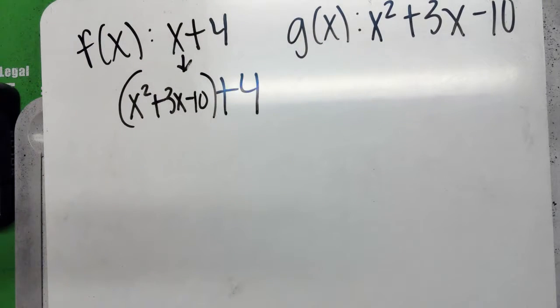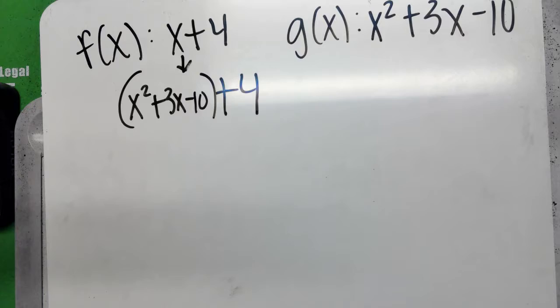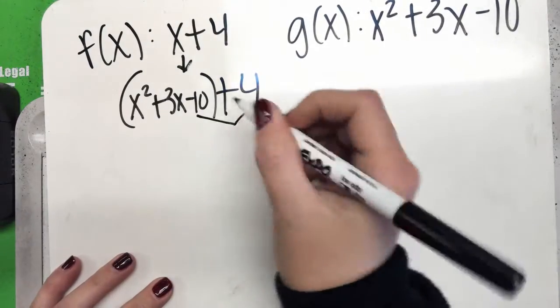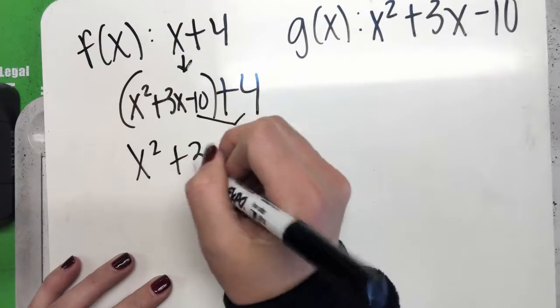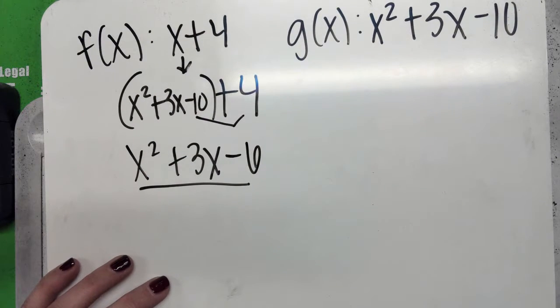A lot of people in my other classes were distributing this 4 to each term. Can we do that? Why? Yes, it's not multiplying. It's got an addition sign, so what's the only thing we can do here? Yes, these are the only two like terms, so when we combine them, we'll get negative 6. Everybody good with that one?